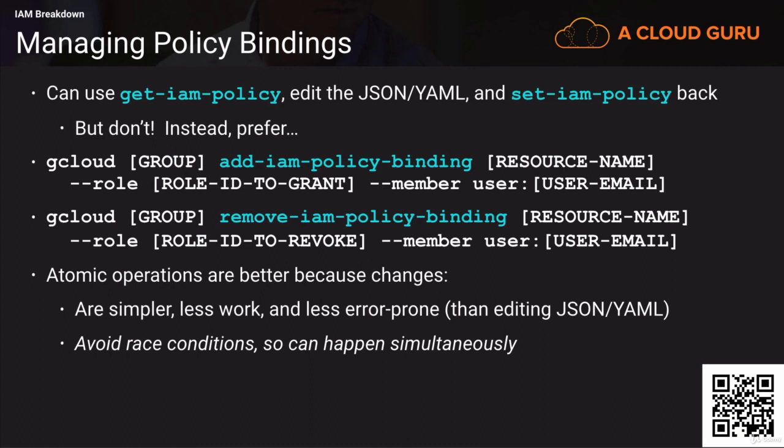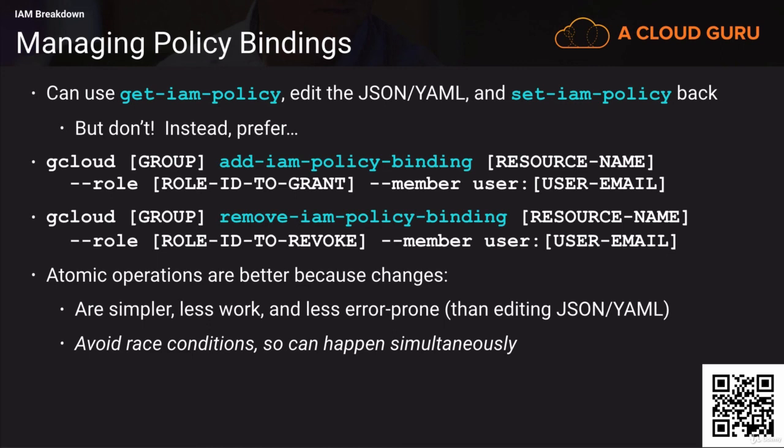But when each of those two people will then set IAM policy their new complete changed document back, only one of them will win. This is a classic race condition. In the end, only one of the two new administrators will actually be an administrator. The other one will have been unintentionally removed as a part of the second one being applied.